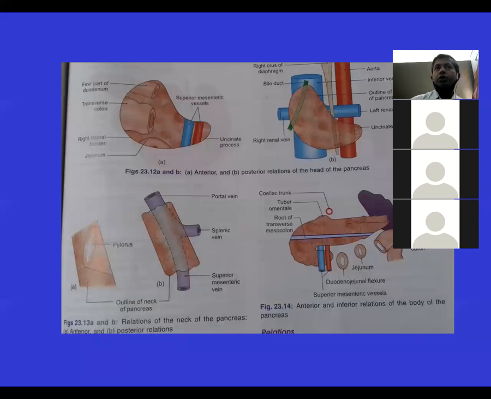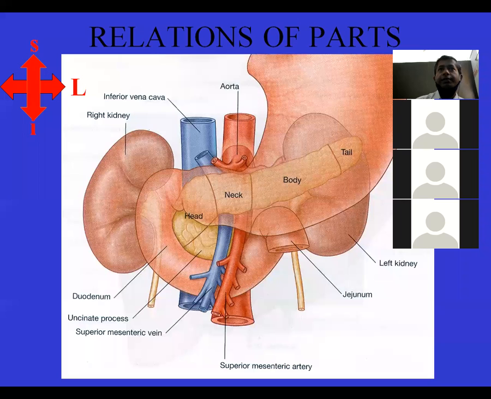So we finished with the parts of the pancreas and its relations. Overall, in this diagram, we are able to see the parts and their relations. So you can see here, this is the head, it is related with the duodenum. Okay, this is the neck, this is the body, and this is the tail of the pancreas.